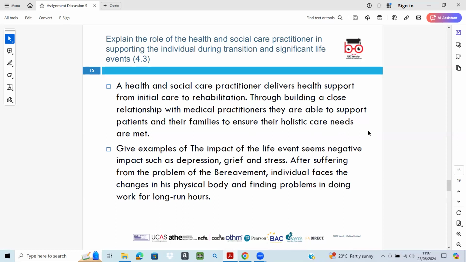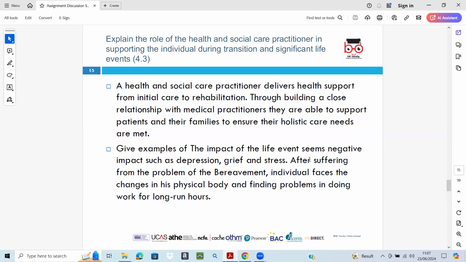Practitioners usually establish trust with the patients and their families, and we could offer emotional support and guidance. We could write about that, and we need to give some examples of negative life events as well.